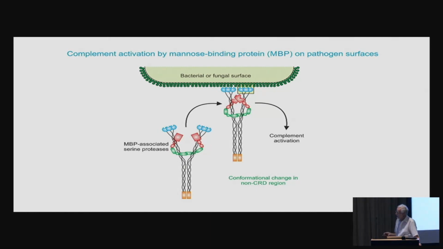So that's an example of where it's not the sugar binding to an individual CRD that's starting the signaling, and that's the key point. The actual interaction is too weak. It can't drive anything, and in almost all cases, there's no change in the CRD when the binding occurs. There's no conformational response to the sugar.